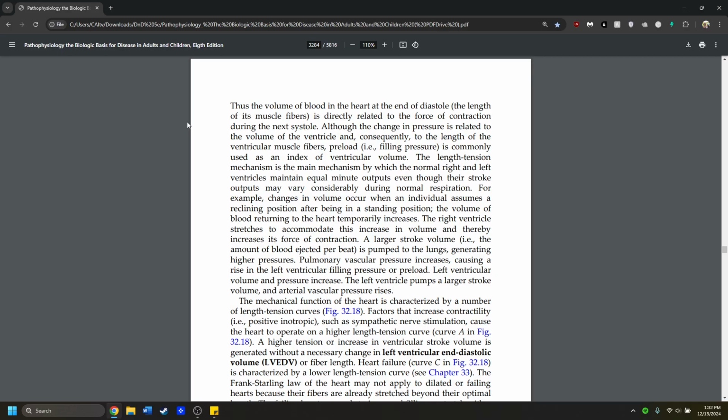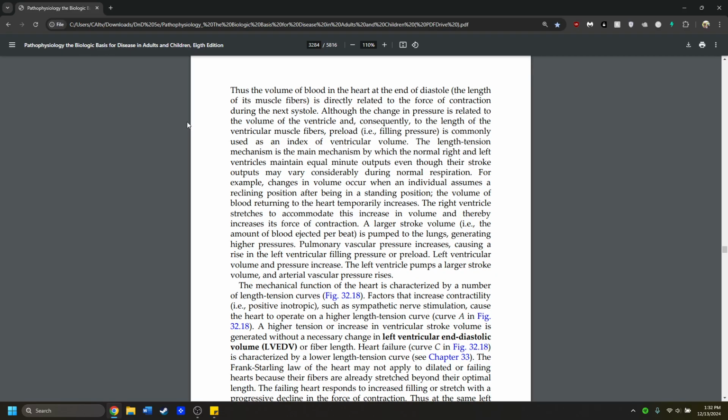Thus, the volume of blood in the heart at the end of diastole is directly related to the force of contraction during the next systole. Although the change in pressure is related to the volume of the ventricle and consequently to the length of the ventricular muscle fibers, preload is commonly used as an index of ventricular volume.